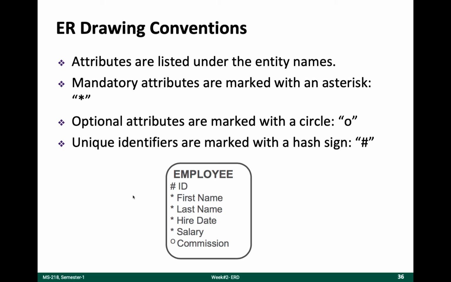Obviously, when you are employing someone, how is it possible that you wouldn't enter his or her hire date, right? It would be the starting date for that particular employee. So that's why first name, last name, hire date and salary for this business case would be mandatory.